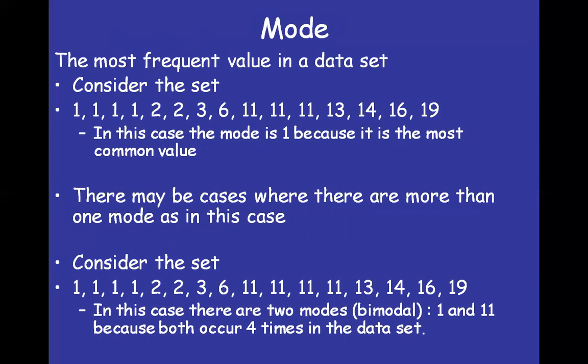So 1, 1, 1, 1, 2, 2, 3, 6, 11, 11, 11, 11. What is the frequency here? We are getting two modes: 1 four times and 11 four times. 2 occurs 2 times, and 3, 6, 13, 14 occur 1 time. So we have bimodal, 1 and 11. We have four times frequency in the data set.